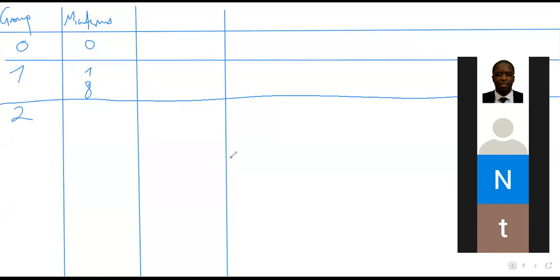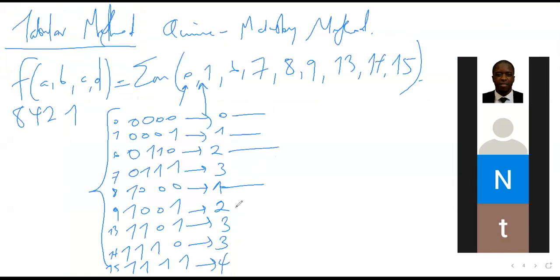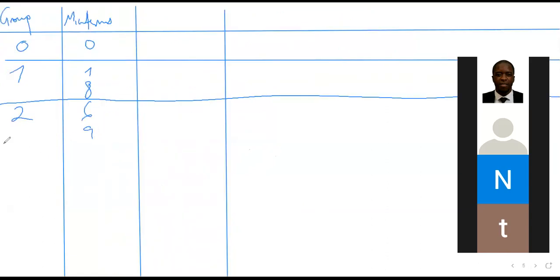Group number 2 is 6 and 9. Very simple if you follow the procedure.